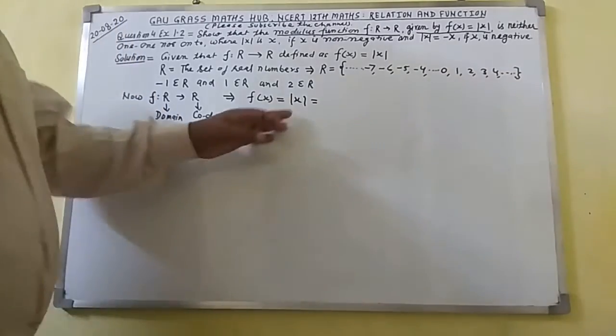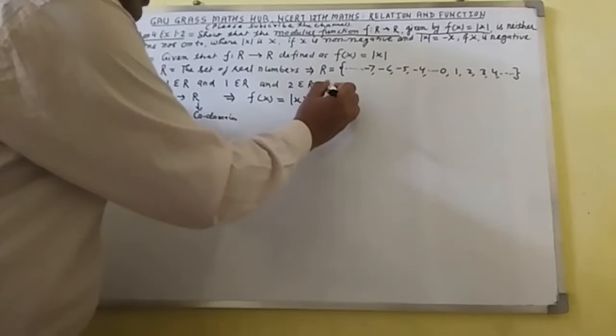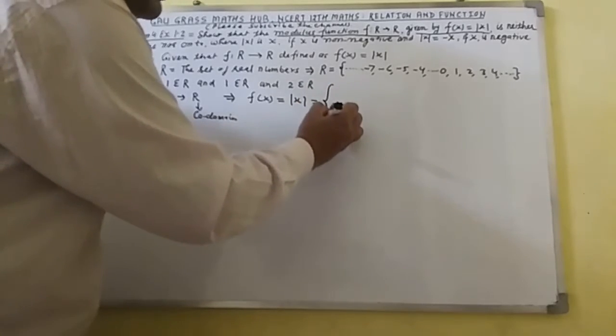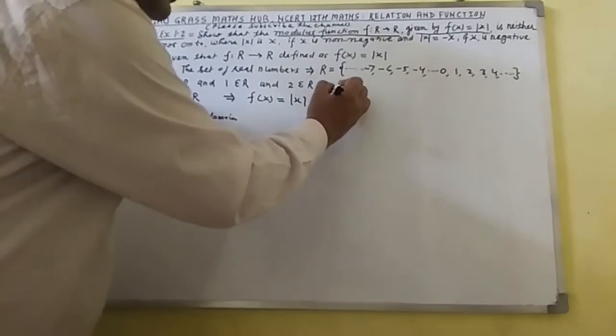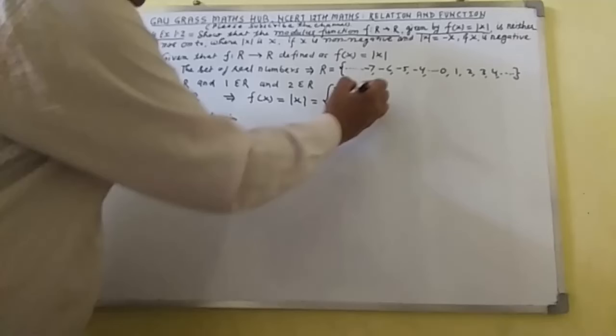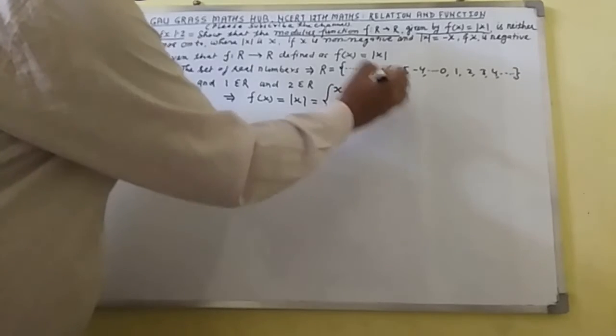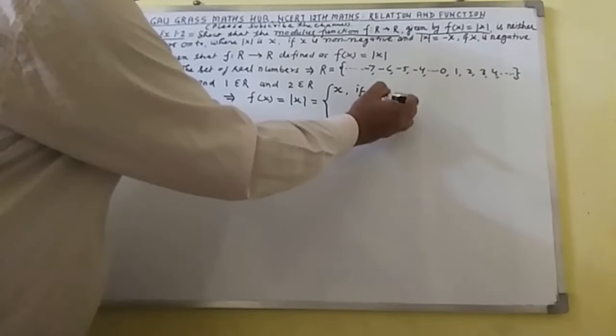Now I am going to define mod x. Mod x can be defined as, open curly bracket, x if x is greater than or equal to 0.